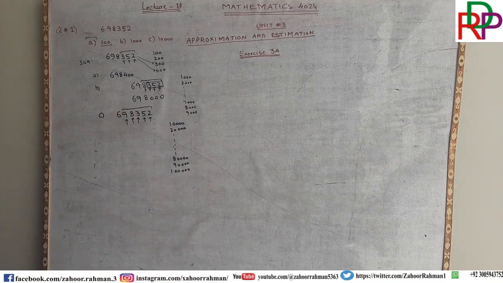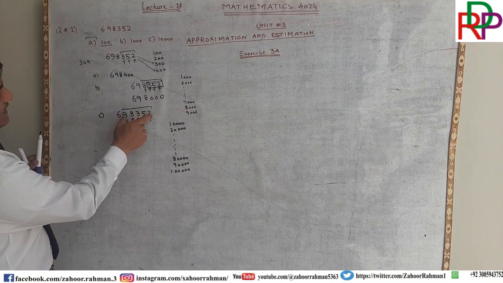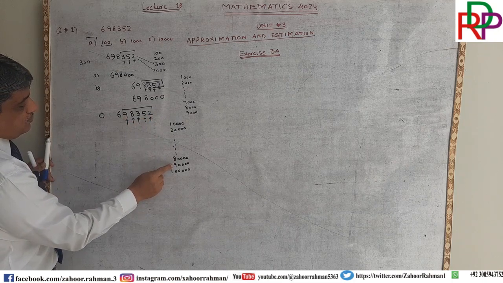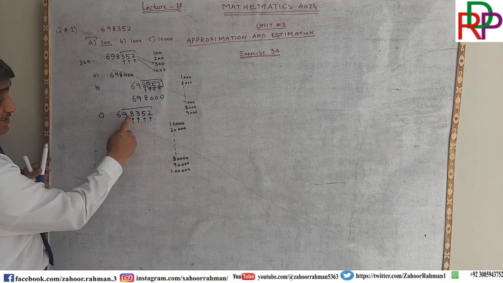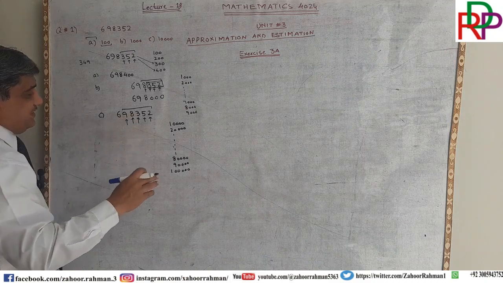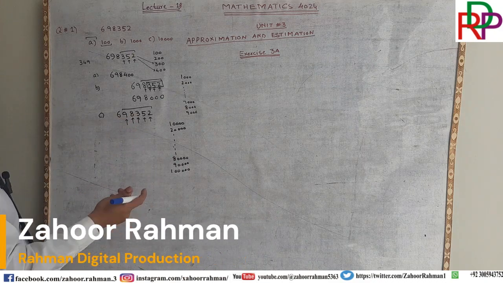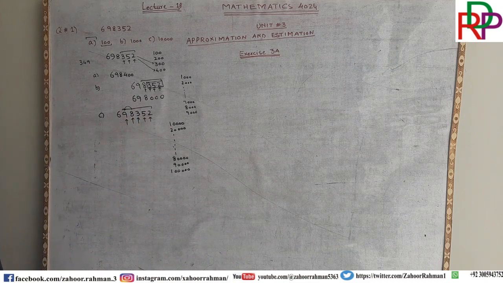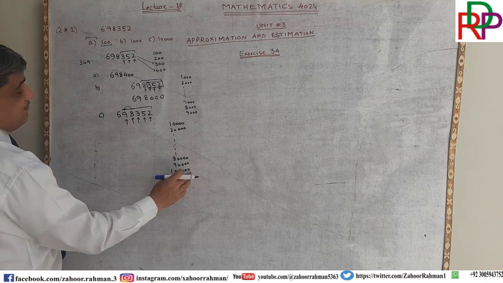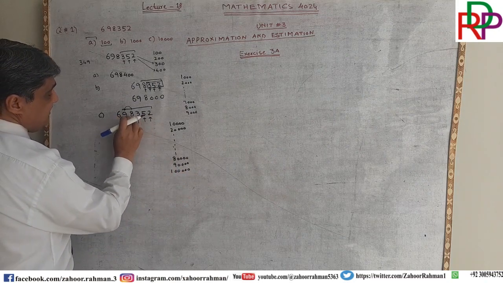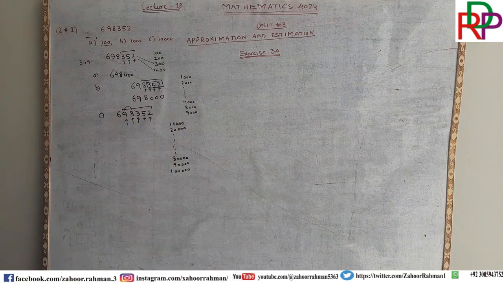So ladies and gentlemen, 98,000 is not nearer to 90,000, because there is 8,000, and 8,000 means that it is greater than 5. So you have to add one value, which is 100,000.